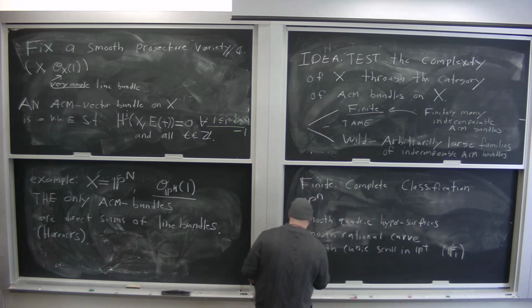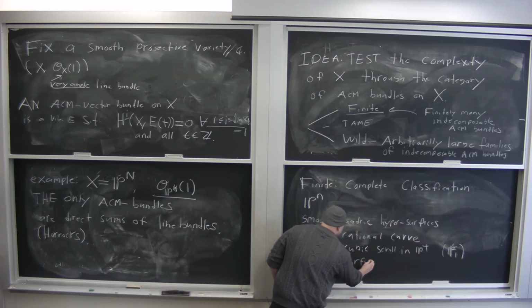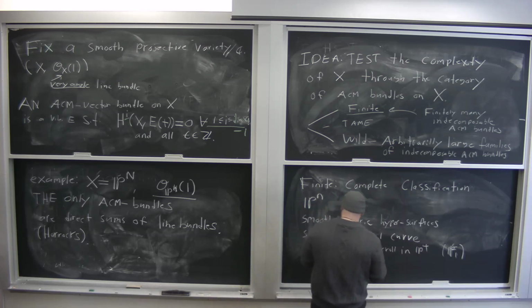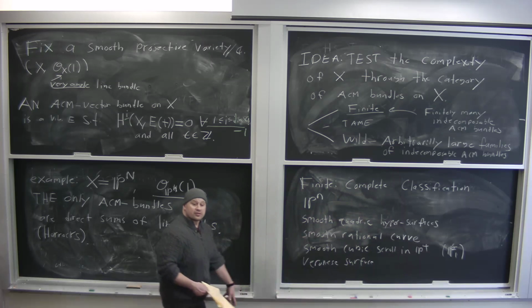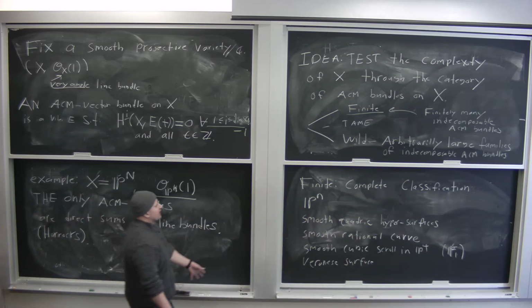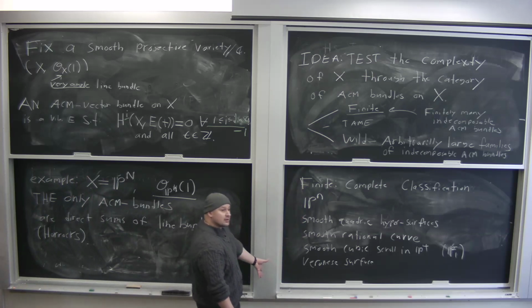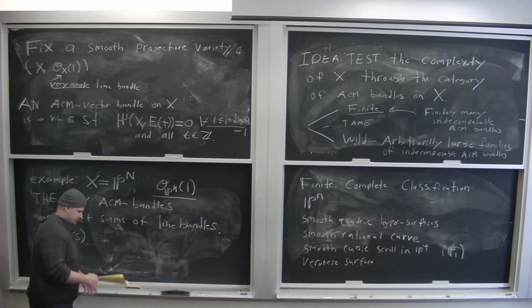And then the Veronese surface. And that's the whole list in the finite case. So it's a small list.